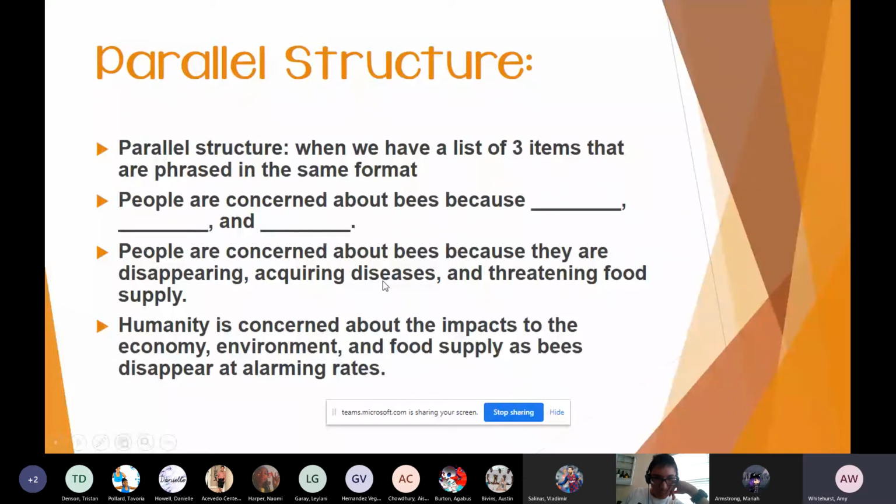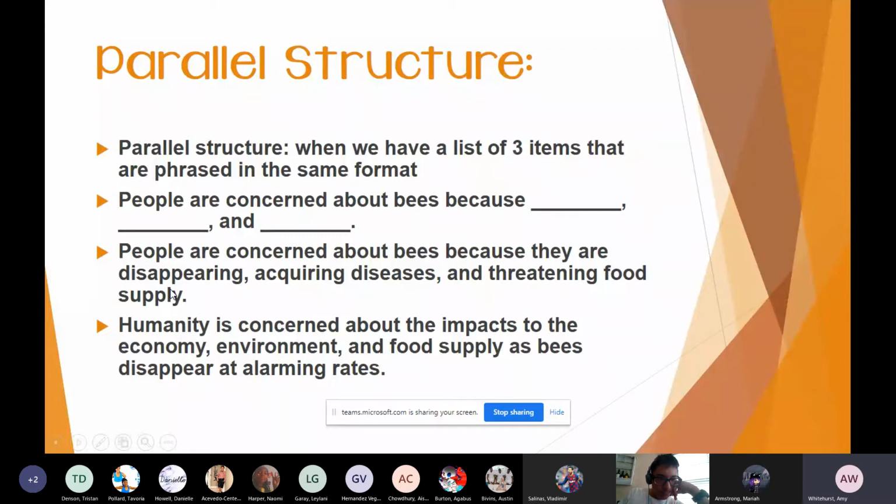Disappearing, acquiring diseases, and threatening food supply. This sentence flows really nicely. However, we could have said the same thing and it would not have flowed as nicely if we didn't have parallel structure. So if you're typing, just pause to listen to the differences between these two phrases.